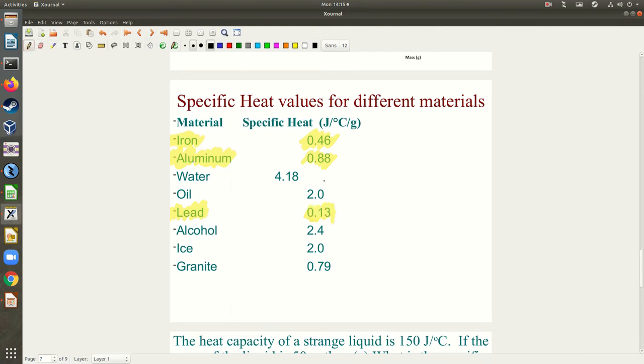Don't eat lead. Okay, why did I do that? Well, because notice that these are all metals. Oh, let's make a key. Yes, we need a key. Metals. And I like metal. Okay, so notice one thing about all your metals. They have very low specific heats. These are known as good conductors.